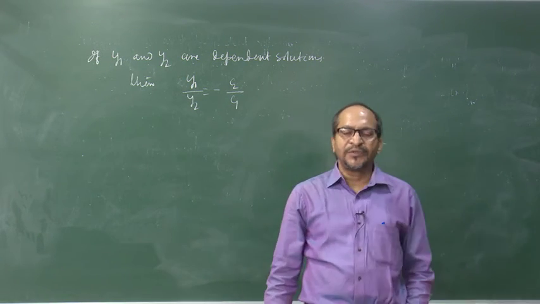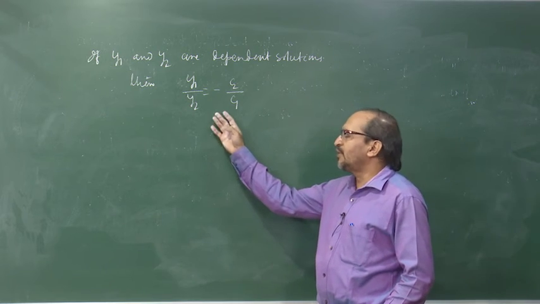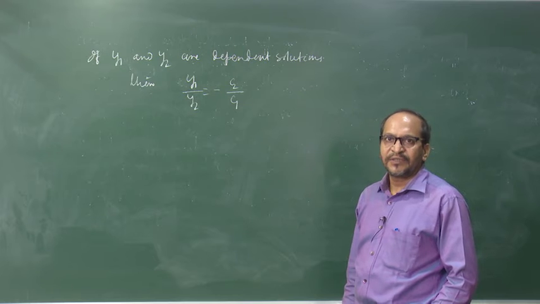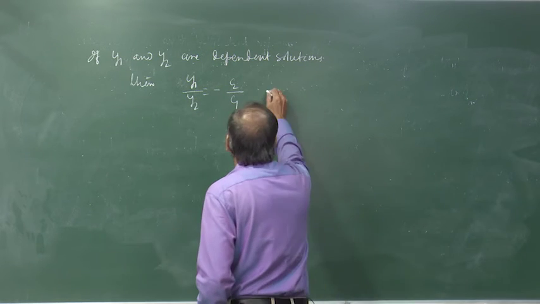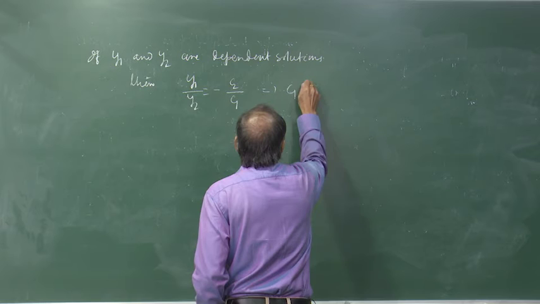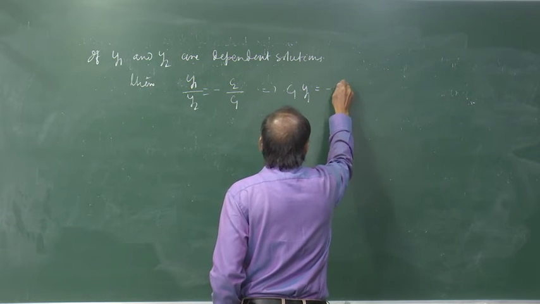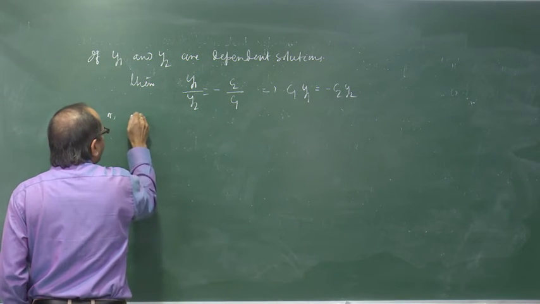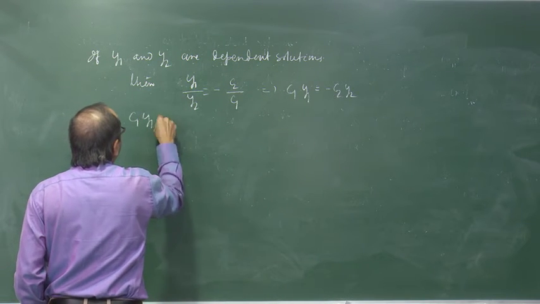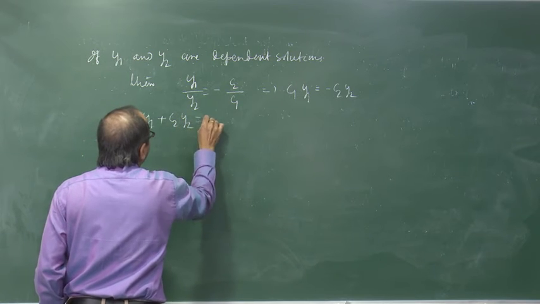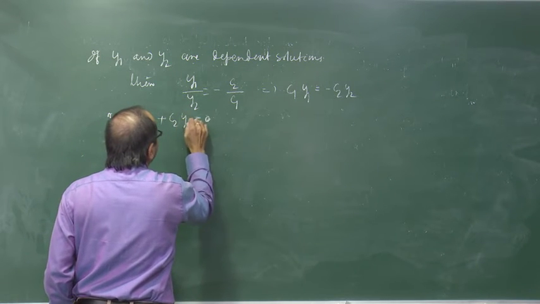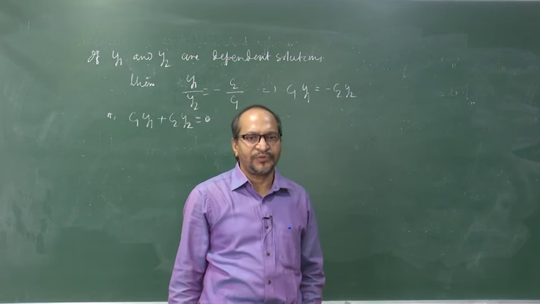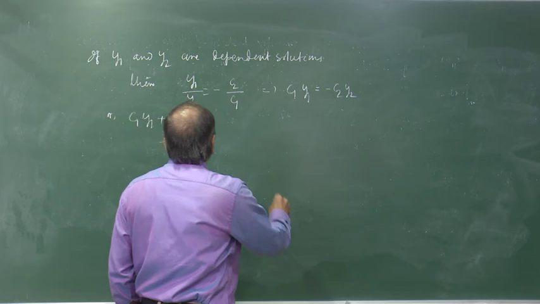So, always y2 by y1 or y1 by y2 is a constant. This implies C1 y1 is equal to minus C2 y2, or we can write C1 y1 plus C2 y2 is equal to 0. So, this is equation 1.